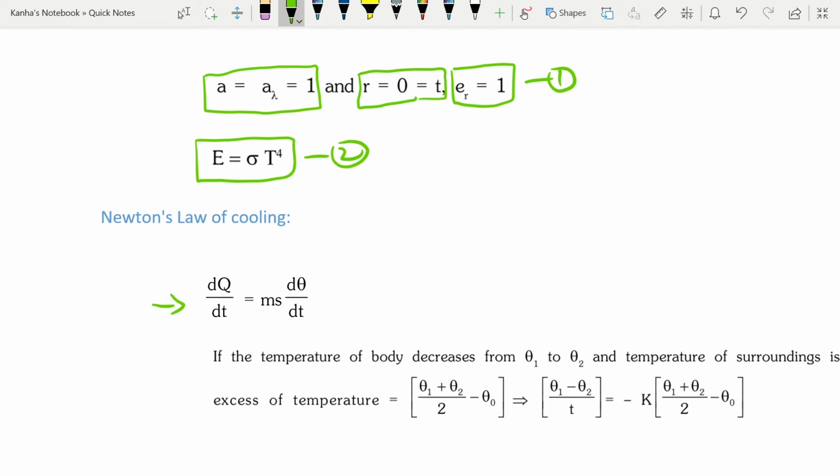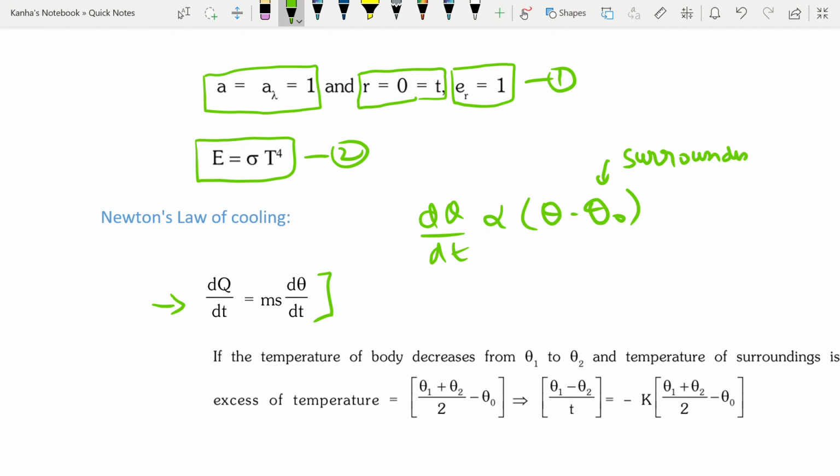So dQ by dt is proportional to theta minus theta naught, where theta naught is the surrounding temperature and theta is the temperature of the body. What this means is, the more the difference between your body and the surrounding temperature, the faster the radiation will be released, and the faster the cooling process will be.